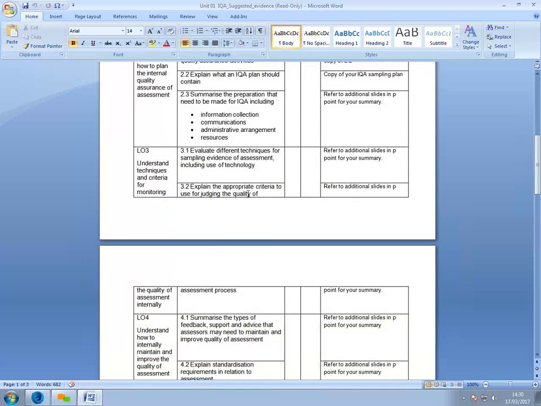Explain the appropriate criteria for judging the quality of the assessment process. The only criteria are standardization and the actual elements of the unit itself.